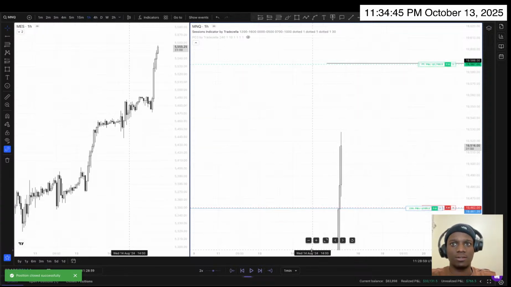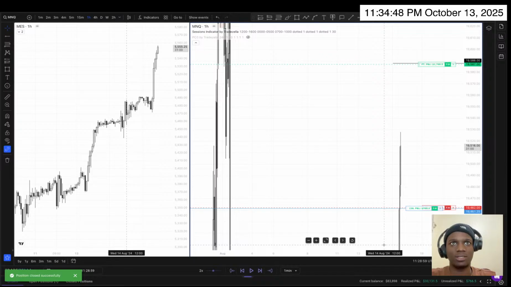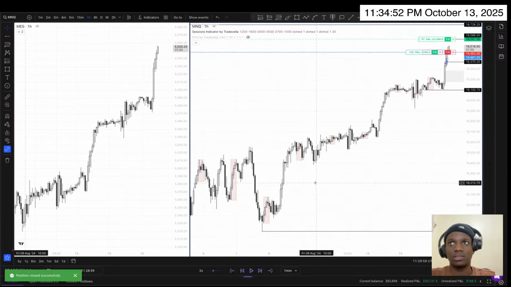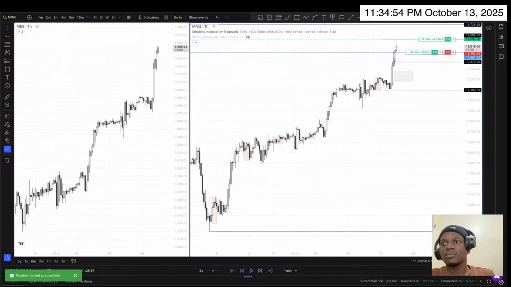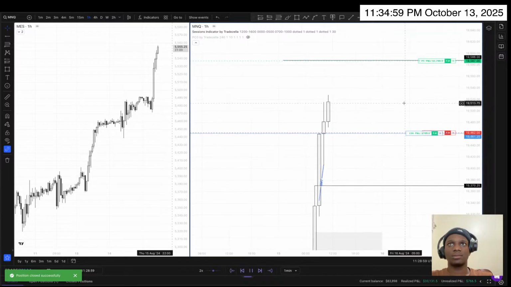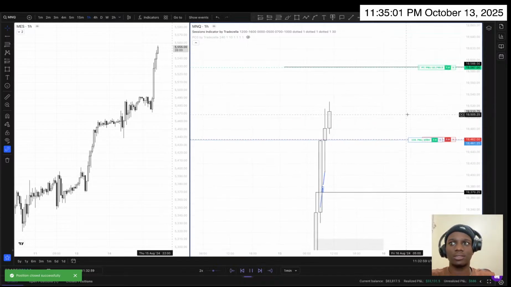I suspect that there could be a liquidity level that has been run here. We don't see any liquidity over here. So what does this mean? We continue going slowly like this.